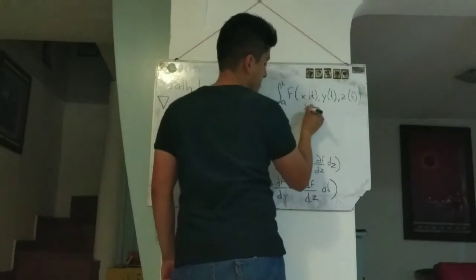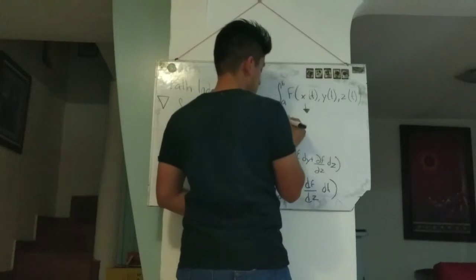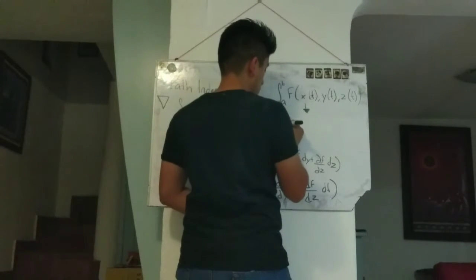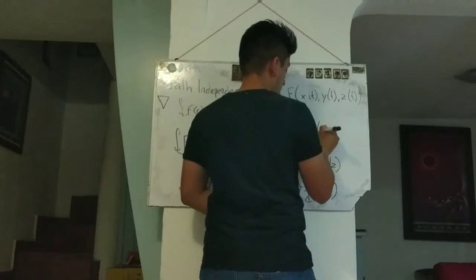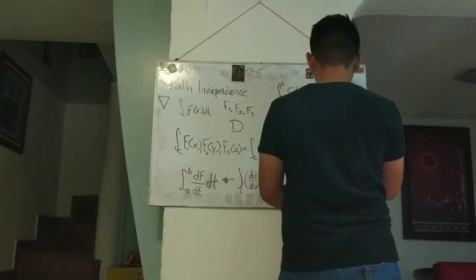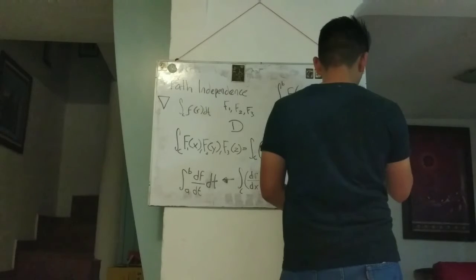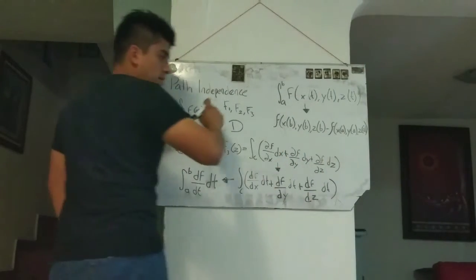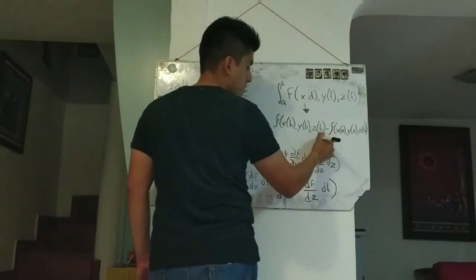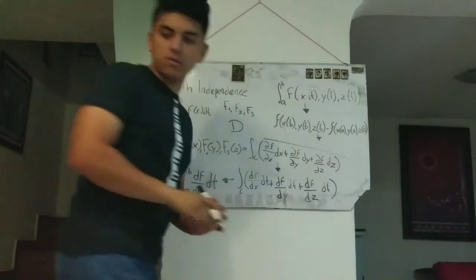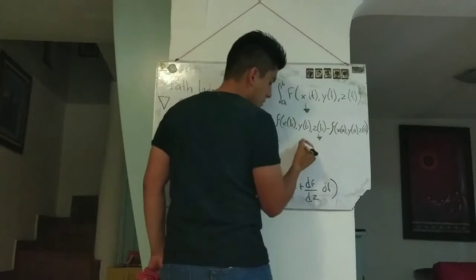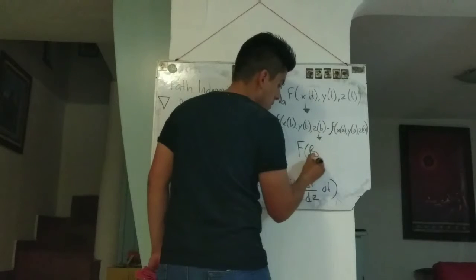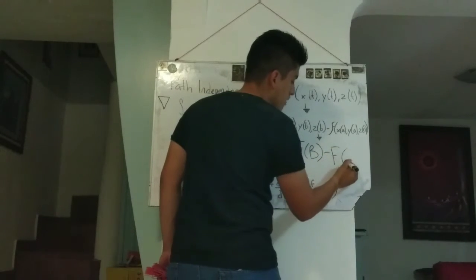That goes like this. And if we summarize this, we obtain that the integral goes from f of b minus f of a.